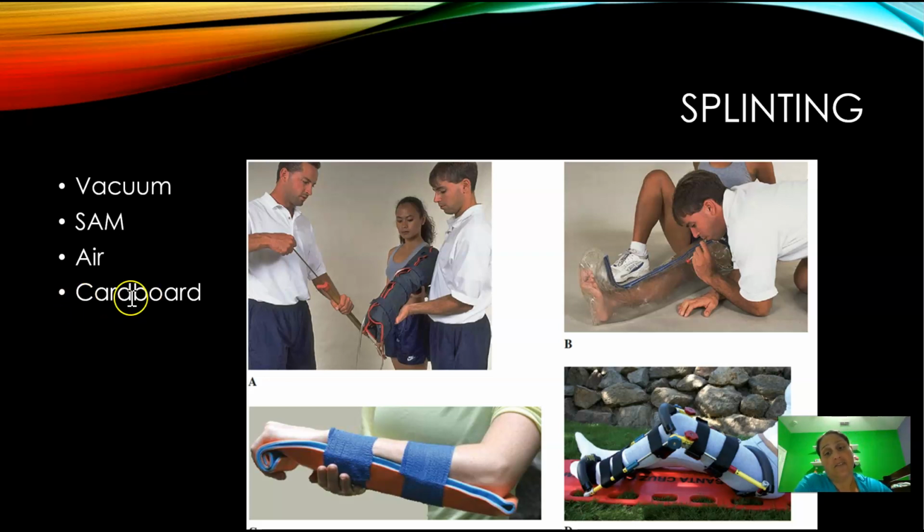And then the other thing that I have on here is cardboard splint. Whenever you're in a bind, utilize whatever you have. I have an athletic training friend. She was the first athletic trainer at the school. First game is freshman football on a Thursday, and one of her student athletes ended up having a radius and ulna fracture, a forearm fracture, and she didn't have anything. She didn't have SAM splints or vacuum splints.